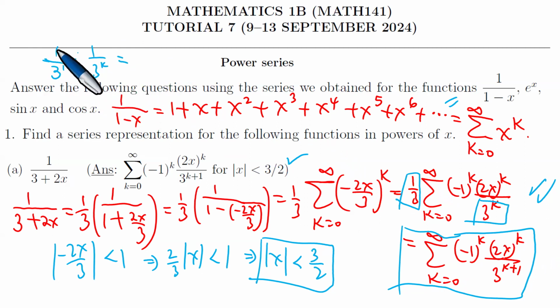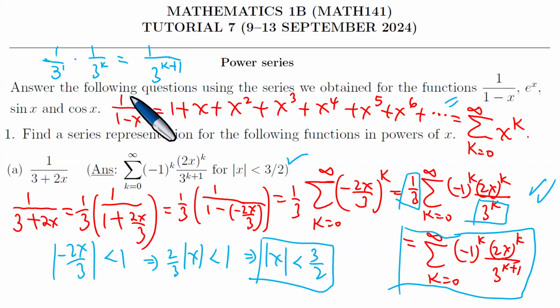This is 3 to the power 1. 1 times 1 is 1. And then here, you add the powers, k plus 1. That is why it's k plus 1.